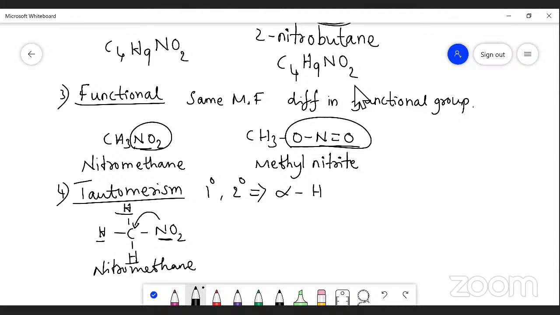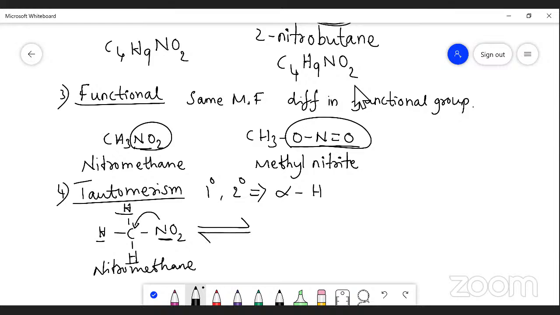So how does this compound exhibit tautomerism? Tautomerism means the moving of a hydrogen from one element to the other. Suppose you take nitromethane. It exists as an equilibrium mixture.